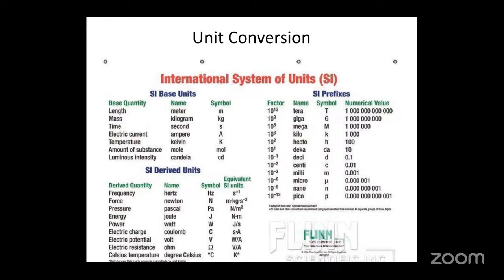We have basically the SI unit, which is MKS, then we have the CGS. So if all your units are in CGS, you can continue with your calculation. If they are in MKS, you can continue with your calculation.